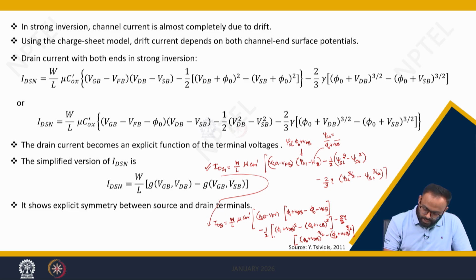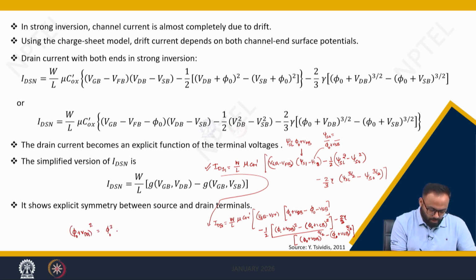Can we simplify this equation? Yes, we can rewrite phi naught plus VDB whole square as phi naught square plus VDB square plus 2 times phi naught into VDB. Similarly, phi naught plus VSB whole square is equal to phi naught square plus VSB square plus 2 times phi naught into VSB.